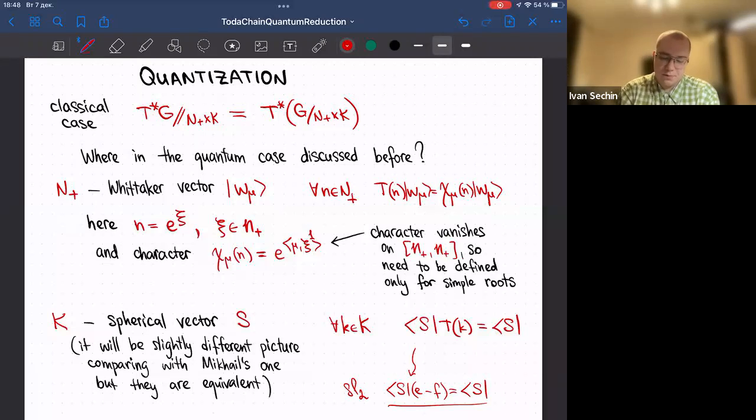And the difference is not so big, but it will correspond to our classical picture. Well, could you understand anything from this slide? Or not? Let's discuss.